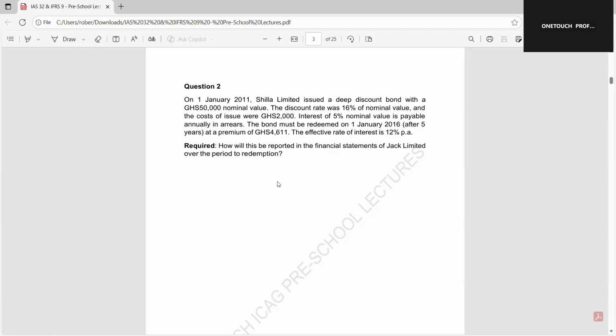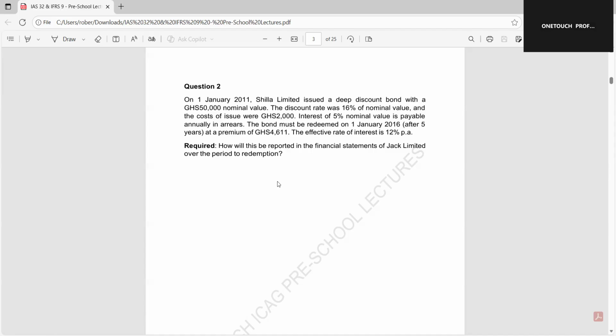On 1st January 2011, Sheila Limited issued a deep discount bond with a 50,000 nominal value. The discount rate was 16% of nominal value, and the cost of issue was 2,000.